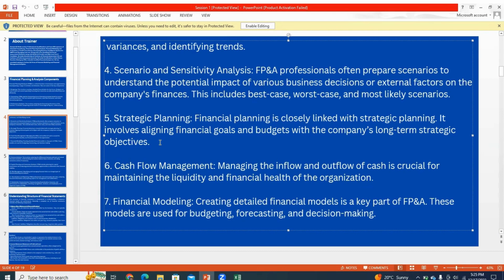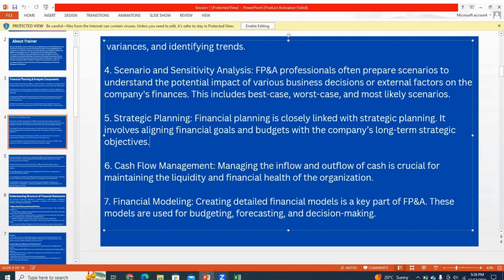So as our financial planning increases, as our feasibility reports increase, our goals also change, our budgets also change, and we can make more projections. Cash flow management: yes, financial planning analysis also helps with cash flow management. Managing the inflow and outflow of cash is crucial for maintaining the liquidity and financial health of the organization.